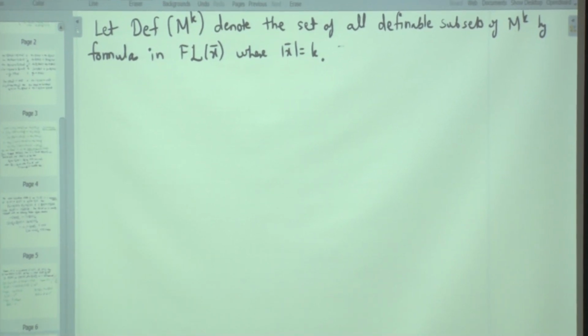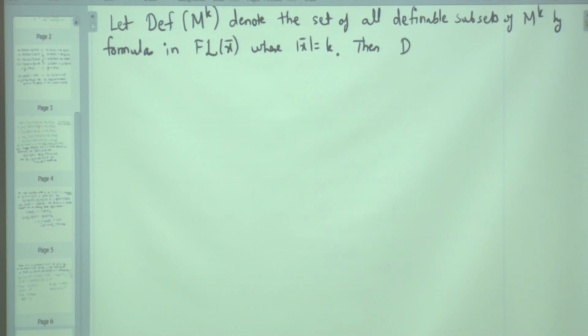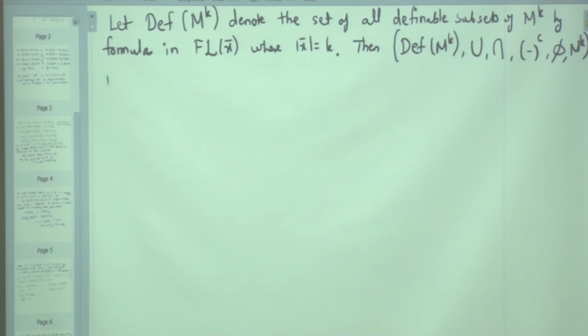Then def of M to the power k together with union, intersection, complement, empty set, and M to the power k is a Boolean algebra.